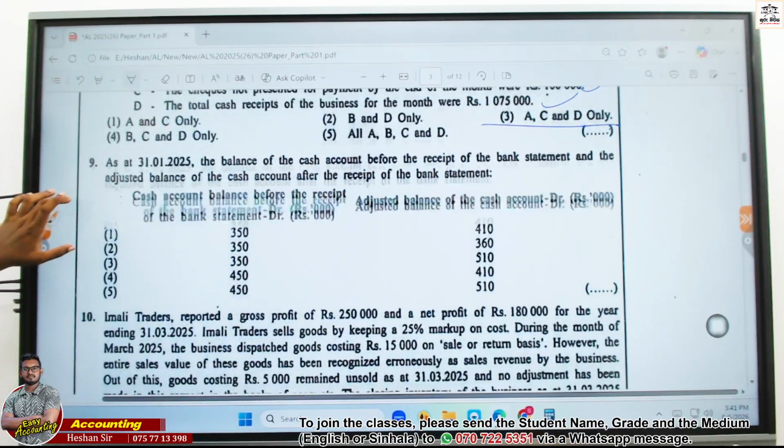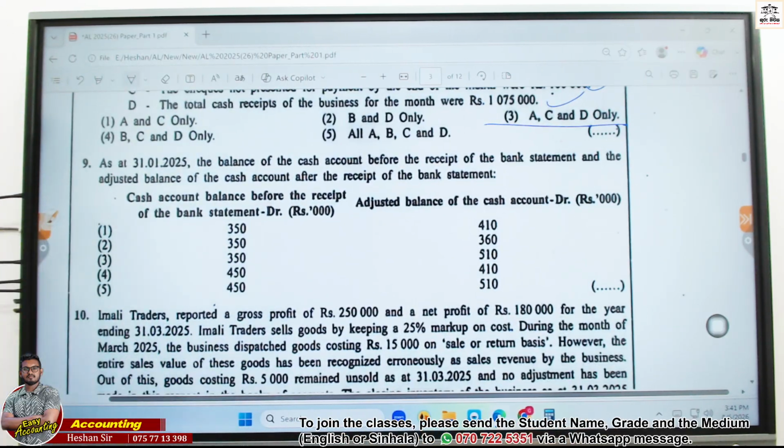Right? Next one. Number 9. As at 31st of January 2025, the balance of the cash account before the receipt of the bank statement and the adjusted balance of the cash account after receipt of the bank statement.